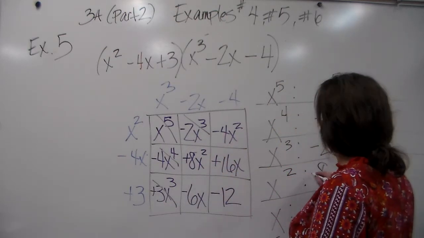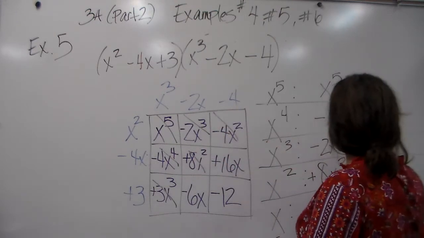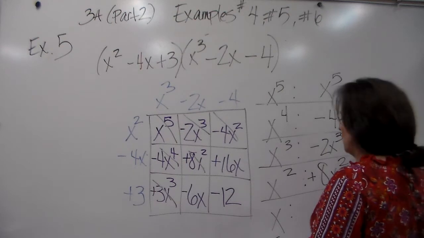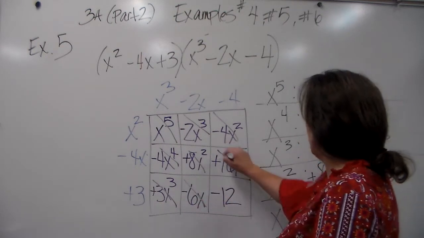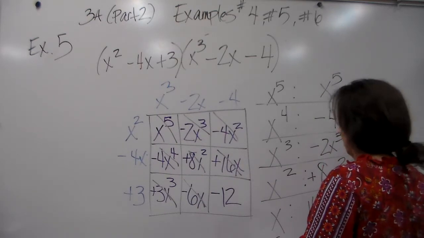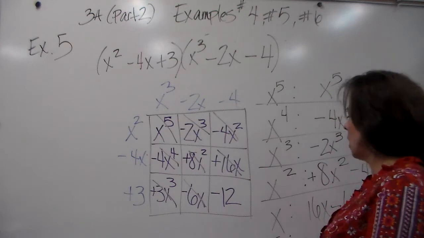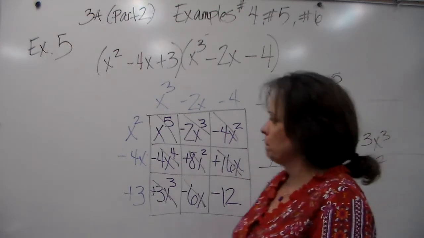We have a positive 8x squared, and then we have a negative 4x squared. We have x terms. We have a negative 6x and a positive 16x. And then for our constants, we just have that negative 12, okay?